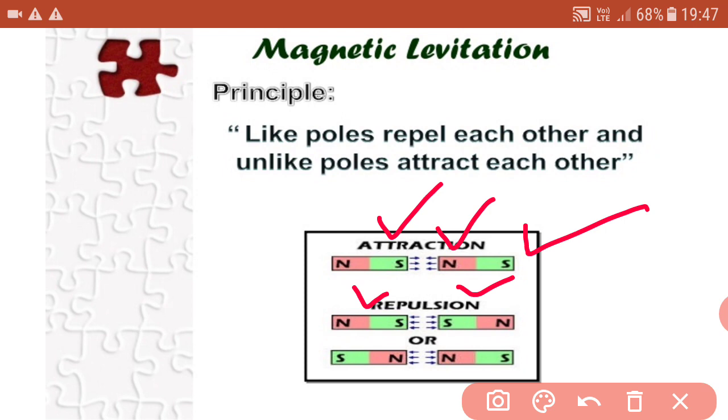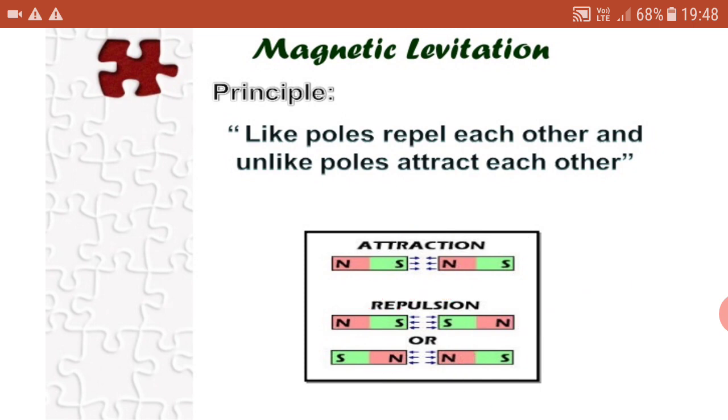So we can see the direction of the arrow of force. This is the repulsion, and this is used in magnetic levitation. If two south poles are there, or if two north poles are placed like this, then this is also a case of repulsion. So this is the basic principle of magnetic levitation.